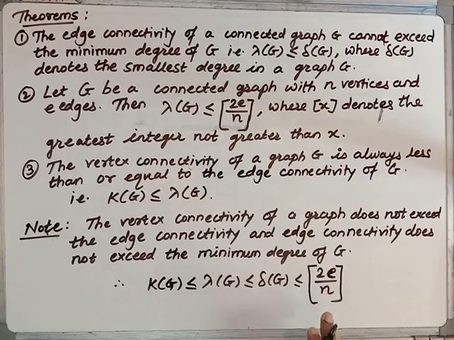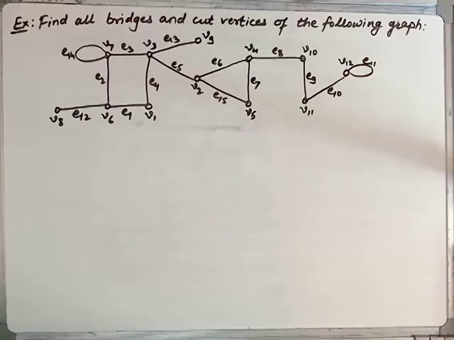E is the number of edges and n is the number of vertices. Okay. Then a few examples let us solve.